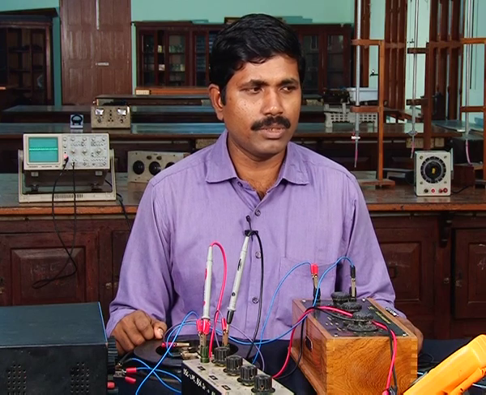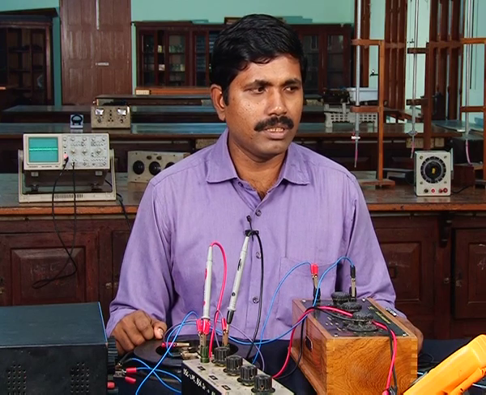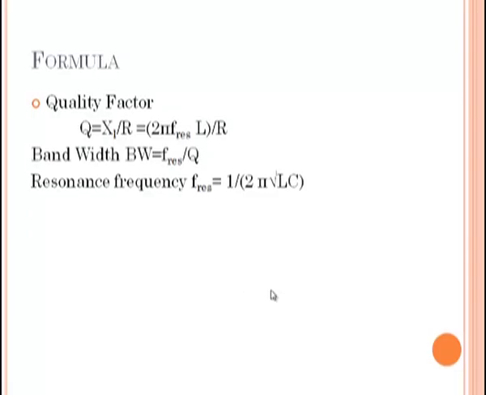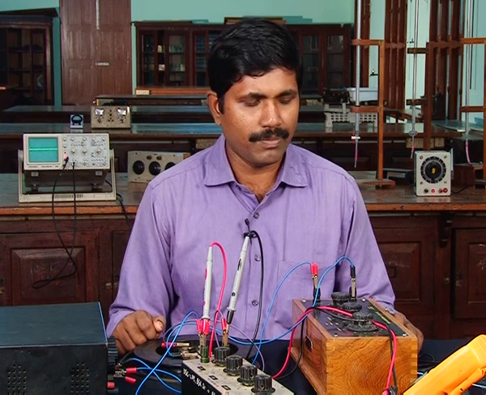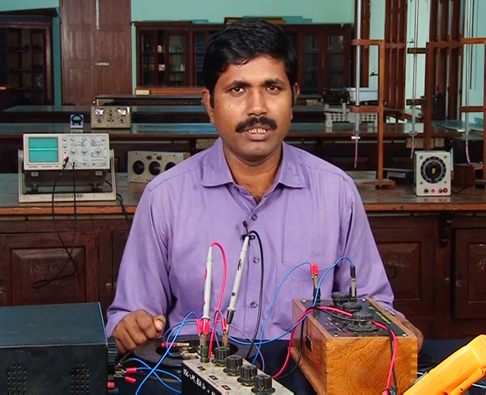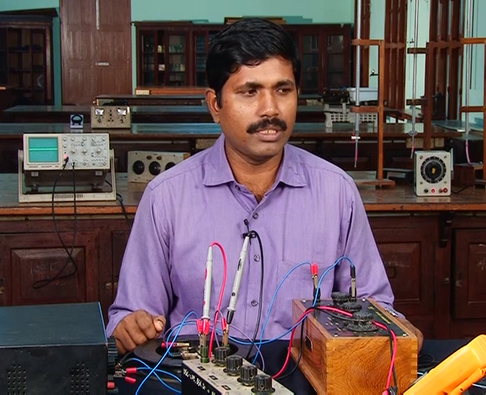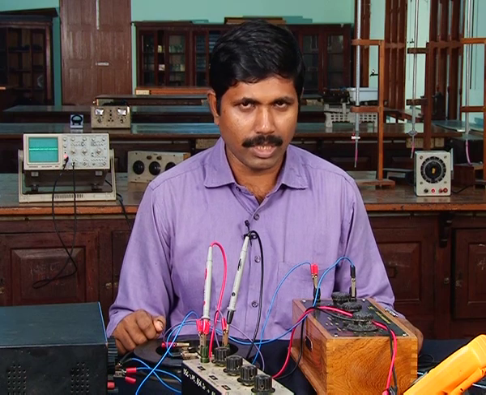Then you can substitute this resonant frequency in the quality factor formula, 2 pi f L by R. From that quality factor, you can find the bandwidth of the circuit. The resonant frequency can be calculated as well as practically measured from the graph between the input frequency and the voltage across the capacitor.